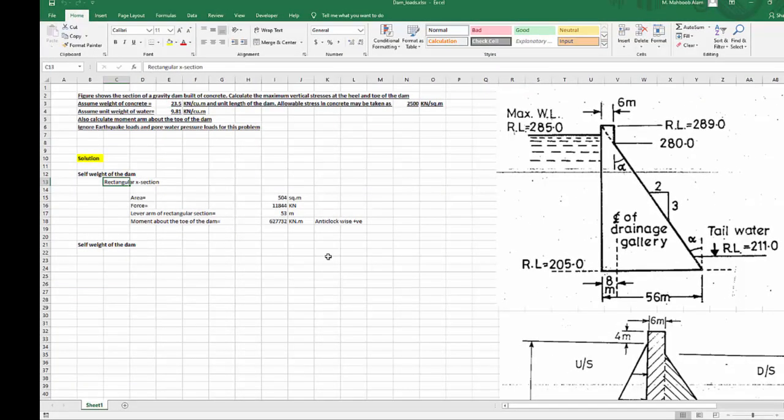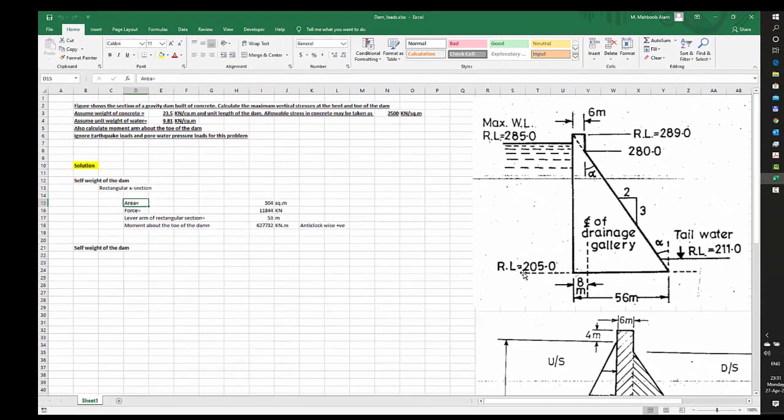So first of all, let us look at the rectangular cross section. If I am calculating the area, then you see the total height, reduced level is 289. At the bed the reduced level is 205, so 289 minus 205 would give me 84 meters.